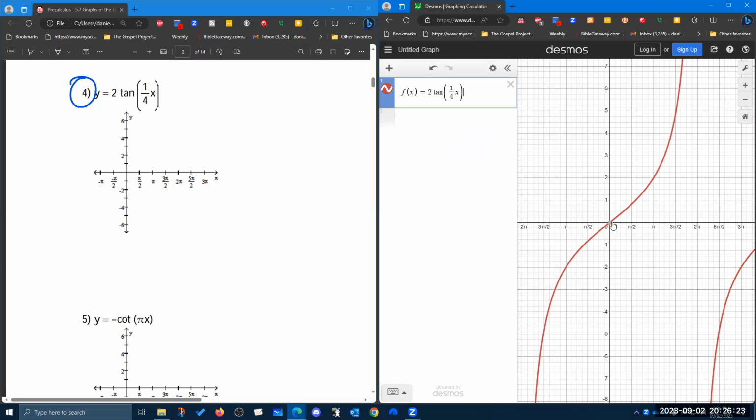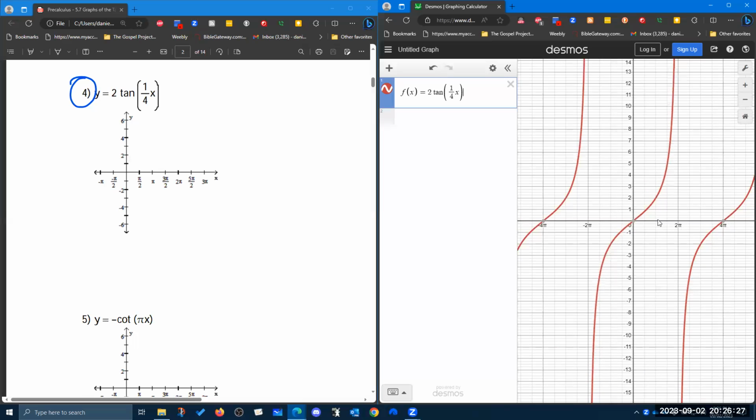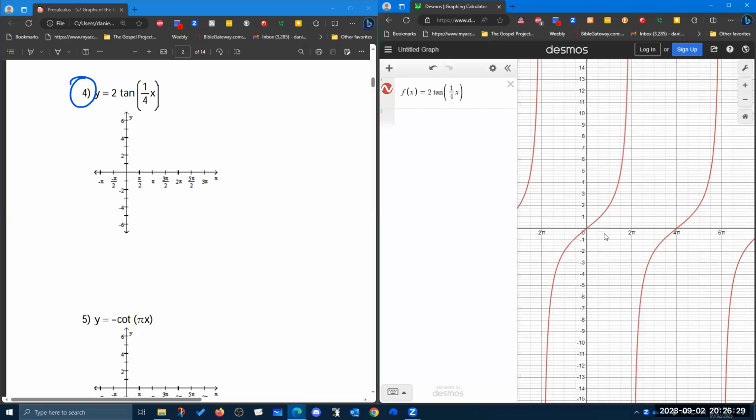So not only are the asymptotes and zeros happening less often, they're 4 times the distance apart from each other as normal. So 4 times, normally they happen every pi, now they happen every 4 pi. My period has changed to 4 pi.